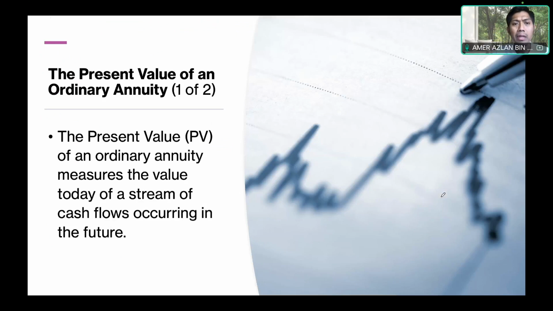Okay. Now before that, what is the present value of an ordinary annuity? It is, okay, a calculation that measures the value today of a stream of cash flow occurring in the future. Basically, more or less it is similar to the present value concept, but again, it involves an equal ordinary annuity payment.